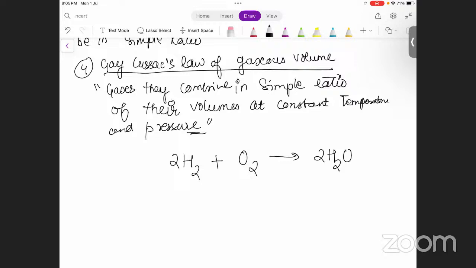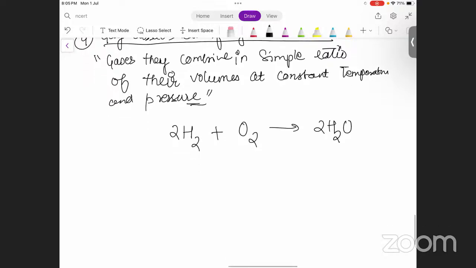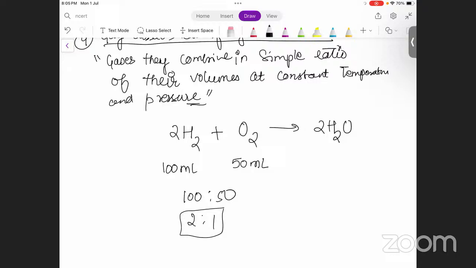What they observed is that if they took 100 ml of hydrogen, then the amount of oxygen that was required was 50 ml. If I take the ratio, 100 to 50 is 2 to 1. And the important condition is a constant temperature and pressure.